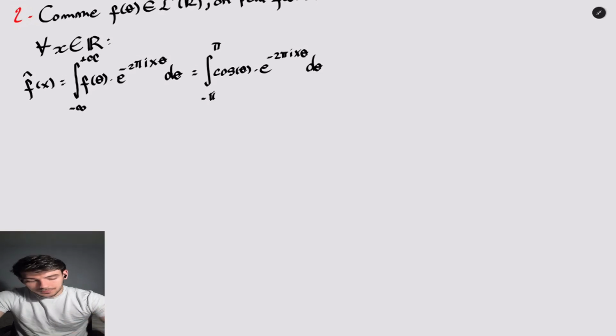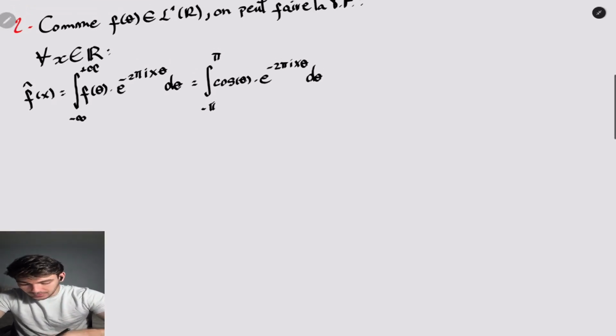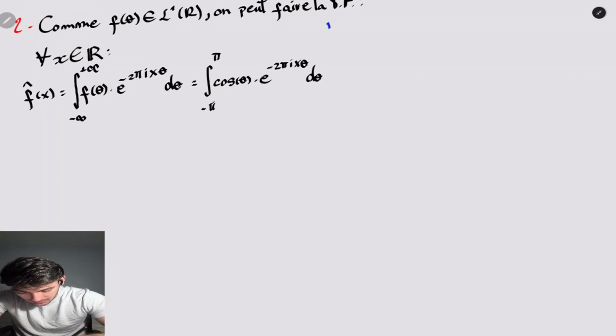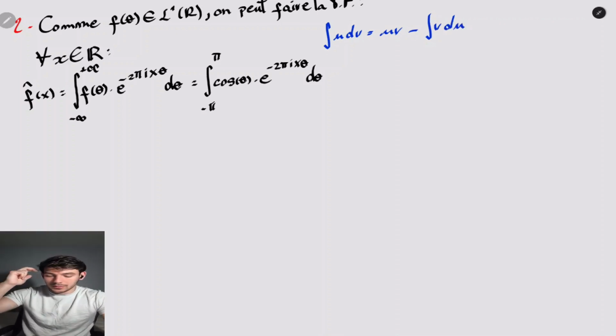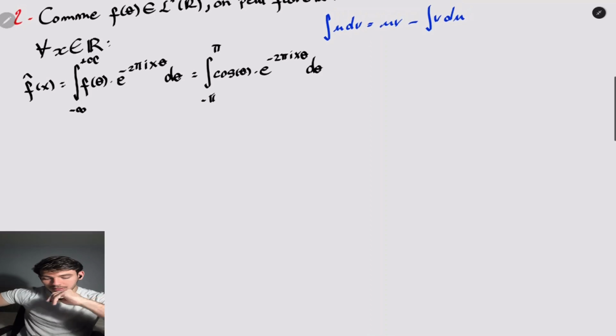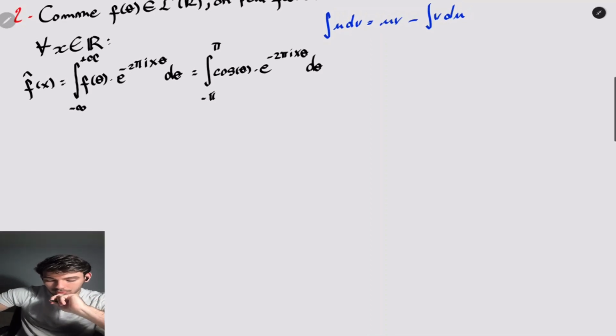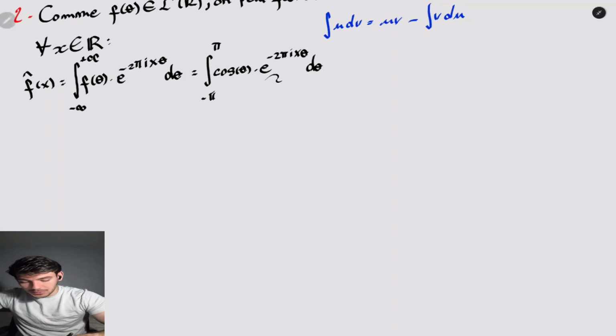All right, so let's do integration by parts. Just a quick reminder, integration by parts, that's basically what we'll have: the integral of u dv equals u times v minus the integral of v du. So here we'll have cosine of theta as our u, and dv will be the exponential times d theta.